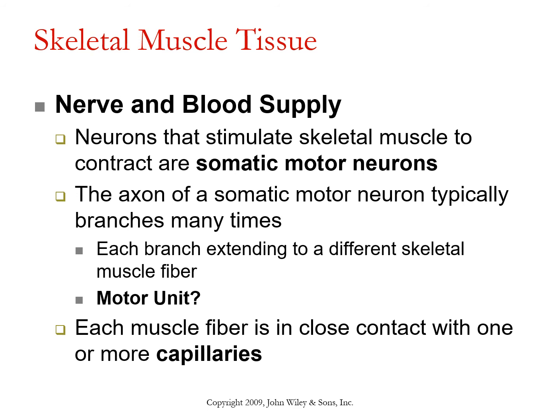Besides this network of innervation, skeletal muscle tissue is also highly vascularized. Muscle tissue is highly metabolic, so it needs a constant supply of oxygen and nutrients for the synthesis of ATP to power both contraction and relaxation. So there are several capillaries associated with each muscle fiber.